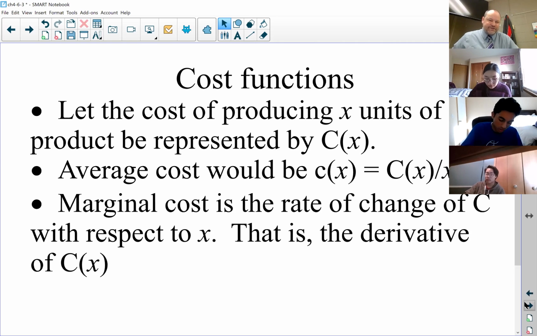But if cost is capital C of X, then average cost would be capital C of X divided by X, where X is the number of units that are produced. And then there's this thing called marginal cost, which is the rate of change in cost with respect to X. In other words, marginal cost is the derivative of the cost function.